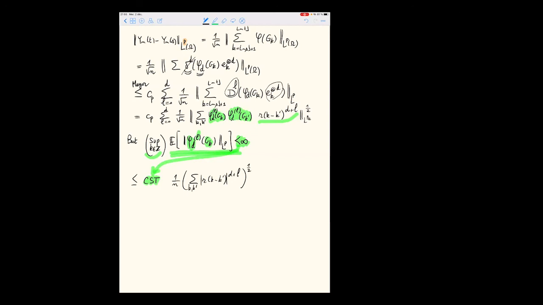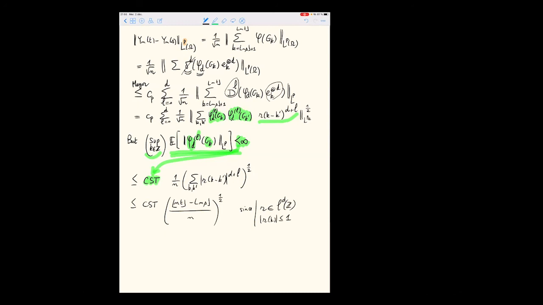And this is no longer a random quantity. It is easy to see that this is less than (nt minus ns) over n, power 1/2, since R is integrable and bounded by 1. Okay, so we can just make the usual transformation.